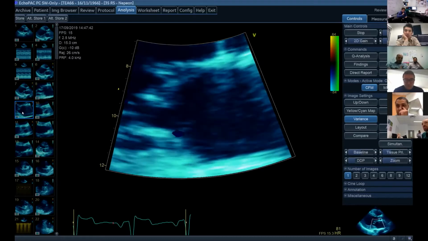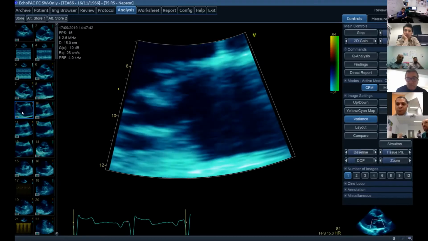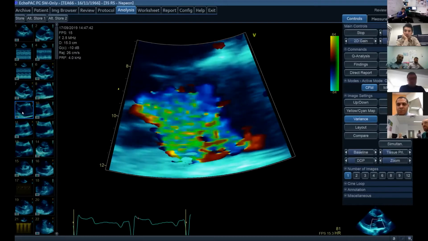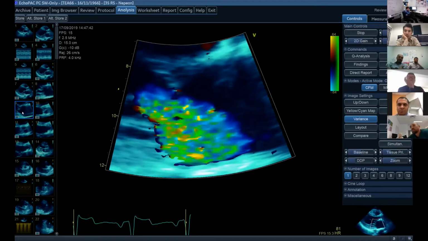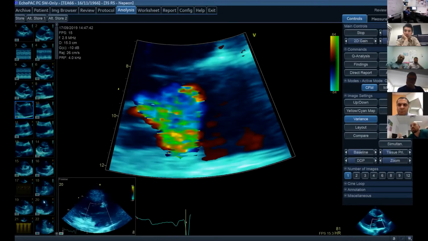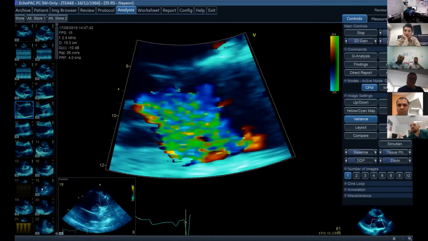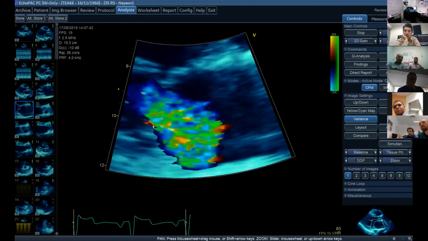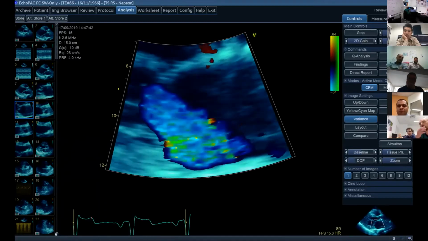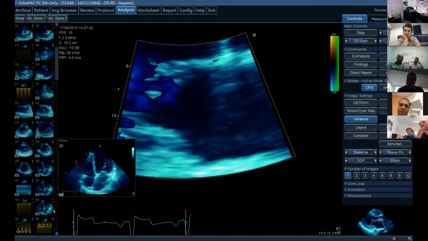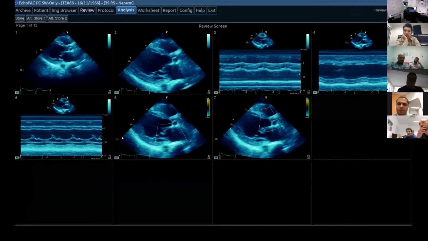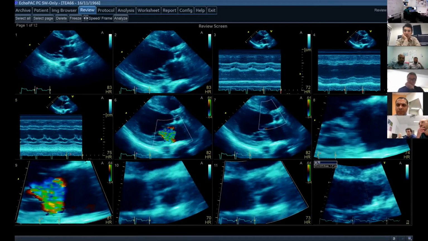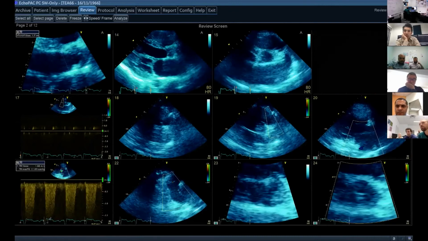But I would want to know, in the apical four-chamber view, the subjective density on the continuous wave Doppler, I guess.